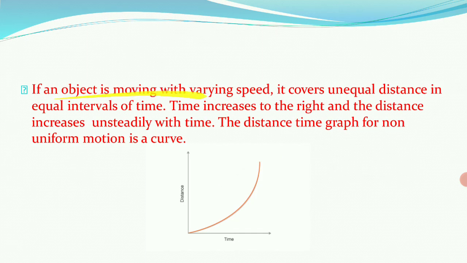Next, if the object is moving with varying speed, it covers unequal distances in equal intervals of time, meaning the distance is unequal but the time is equal, then you get a curve. So for non-uniform motion, the distance-time graph is a curve.